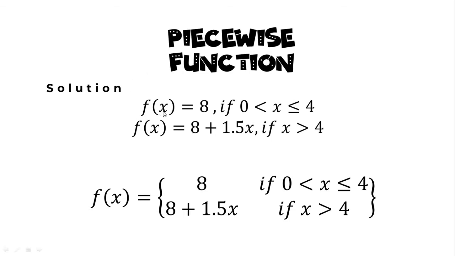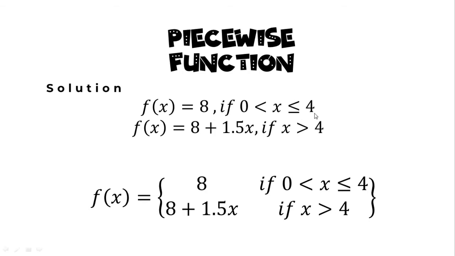So sa first function, ito yung gagamitin natin kapag ang value ng x natin is greater than 0 and less than or equal to 4. So ibig sabihin dito, kapag sumakay kayo ng jeep, automatic may 8 pesos agad kayo babayad. Ngayon, magdedepende naman yun kung hihigit sa 4 kilometers.